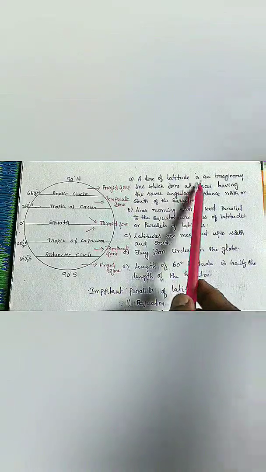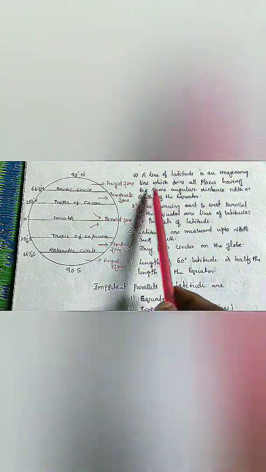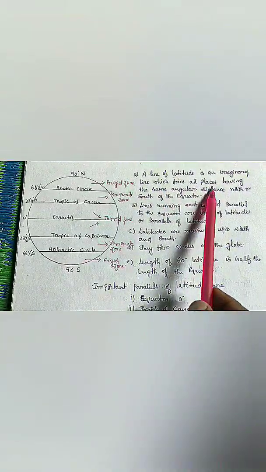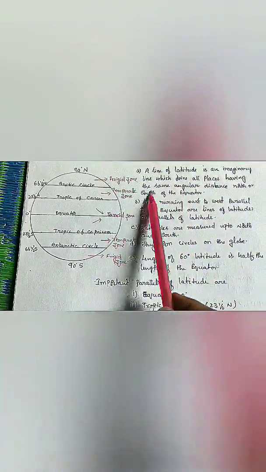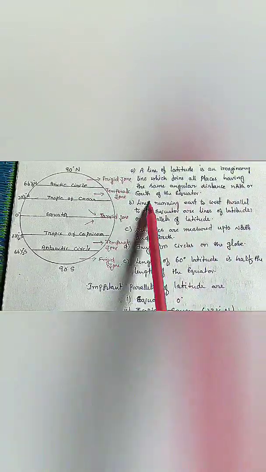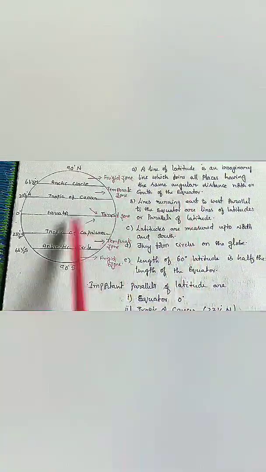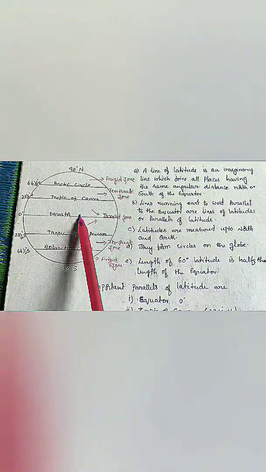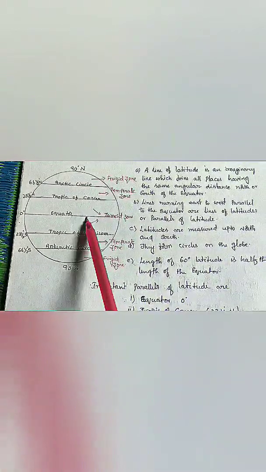Now let us learn what are latitudes. A line of latitude is an imaginary line which joins all places having the same angular distance north or south of the equator. These are the latitudes. Some are towards north and some are towards south.